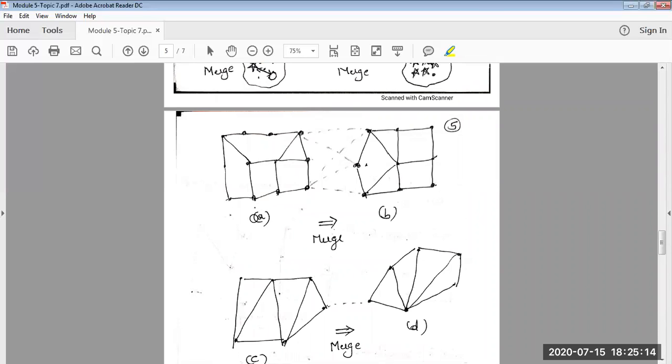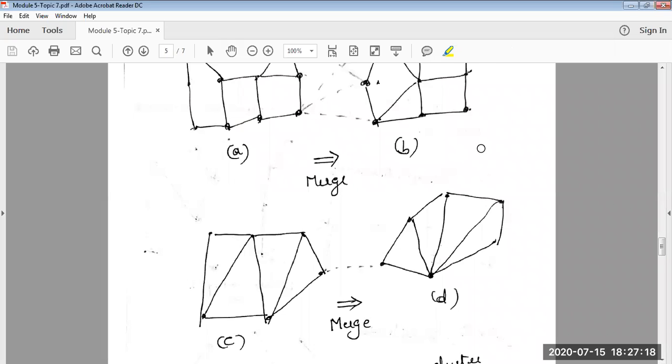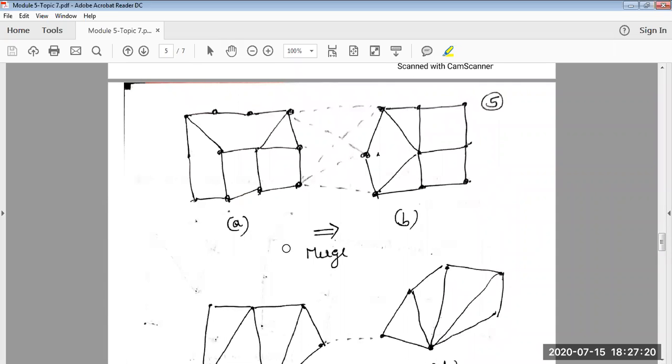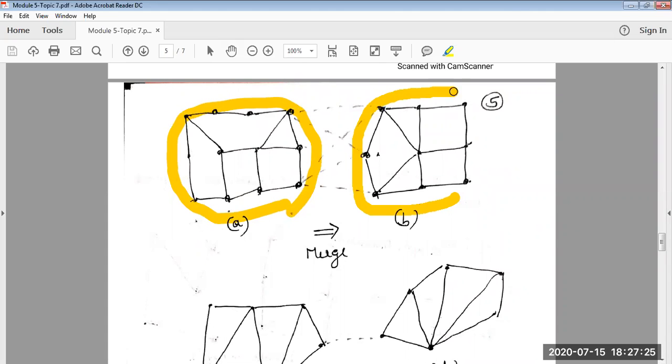Consider these two examples. This is cluster A. We'll assume this is cluster A. So many data points are there. It's a dense graph. This is cluster B. Now, try to study. If you consider this example, here are two clusters, cluster A, cluster B. Now, if you study the properties of data points in the cluster, you will understand each and every data point in cluster A is having three edges, one, two, three.